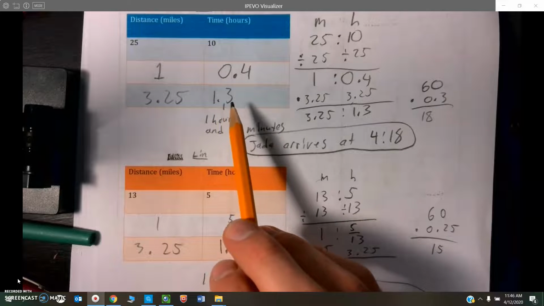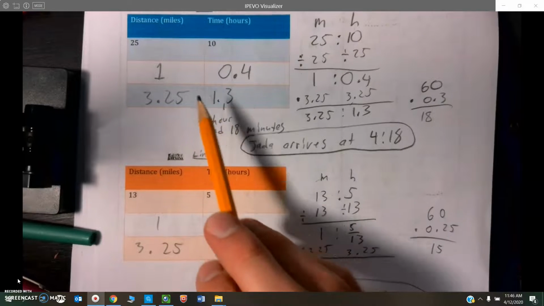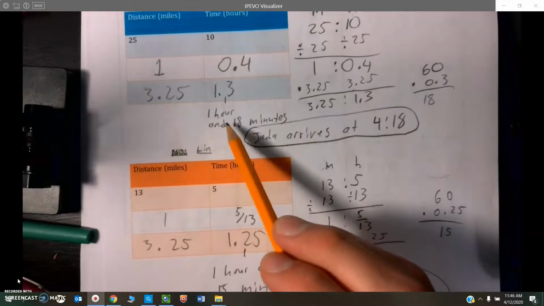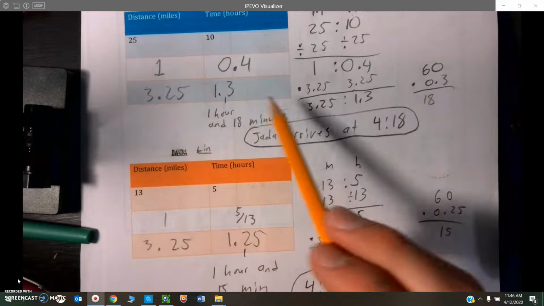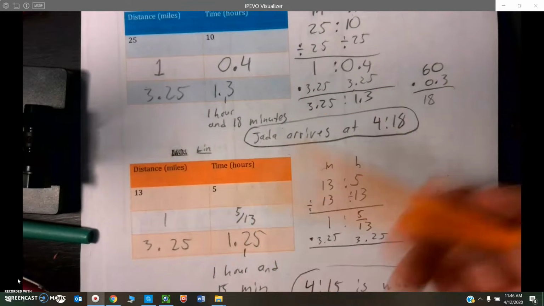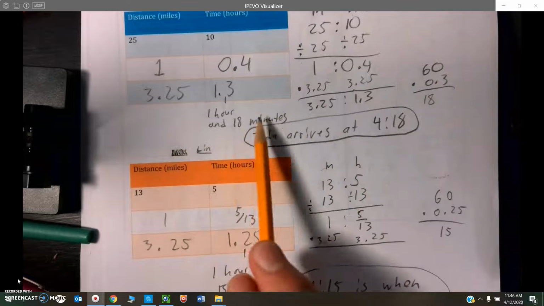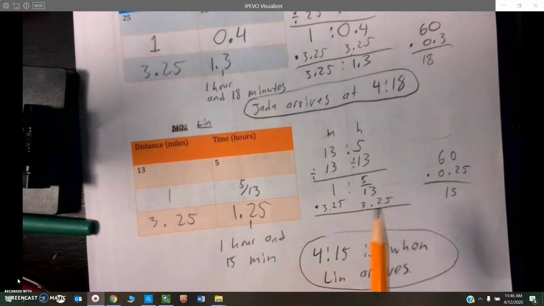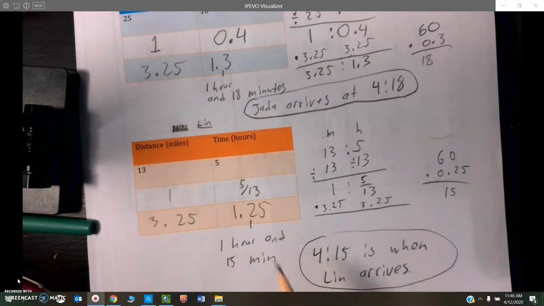So always be cognizant of taking those funky numbers, and we do this with money as well a lot of times, and turning them into a normal way of speaking about it. So 1.25 hours, no, that's 1 hour and 15 minutes.